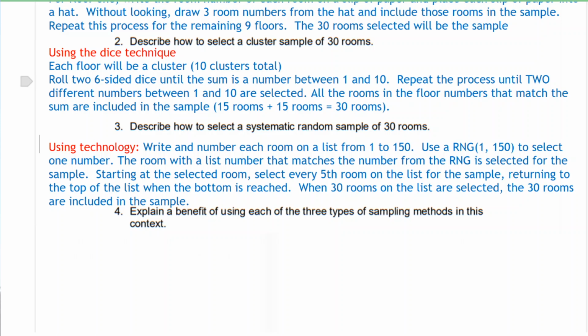And then we're going to select every 5th room on the list until we get 30 rooms selected. When we reach the bottom of the list, we're going to return to the top of the list and continue choosing every 5th number. So when all 30 rooms on the list are selected, those 30 rooms are included in the sample.